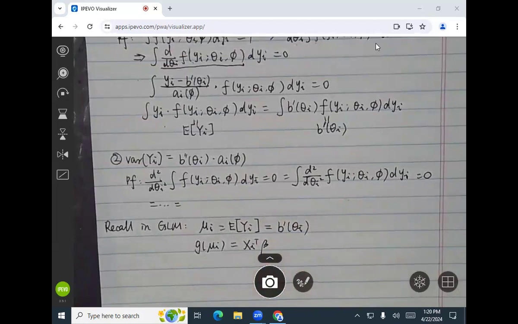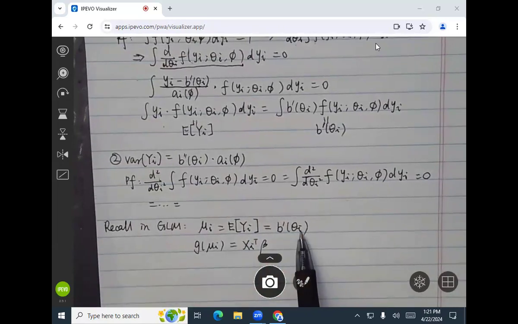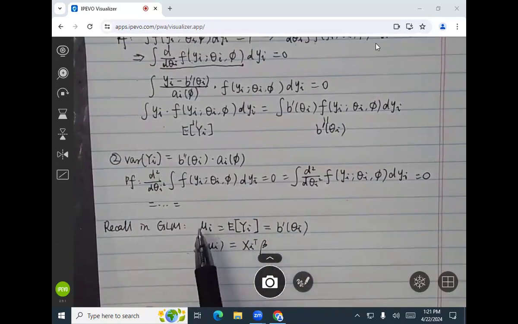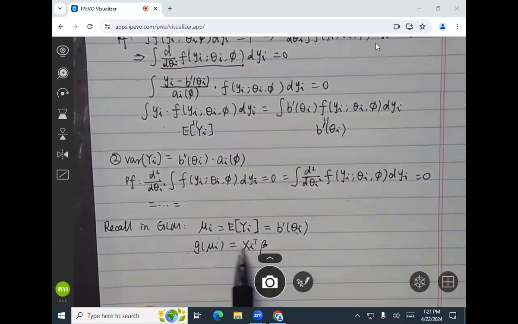So one way I forgot to say is that theta I, we can call it the canonical parameter. So there's a jargon out there, the canonical parameter. And for the canonical parameter theta I, what if we just directly, because mu I has some relationship with theta I, and we want the g of mu I to be a linear predictor.